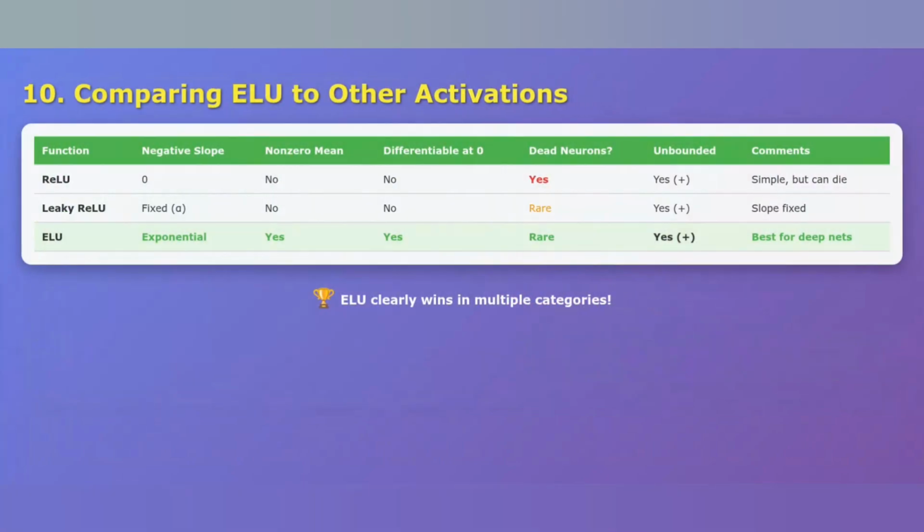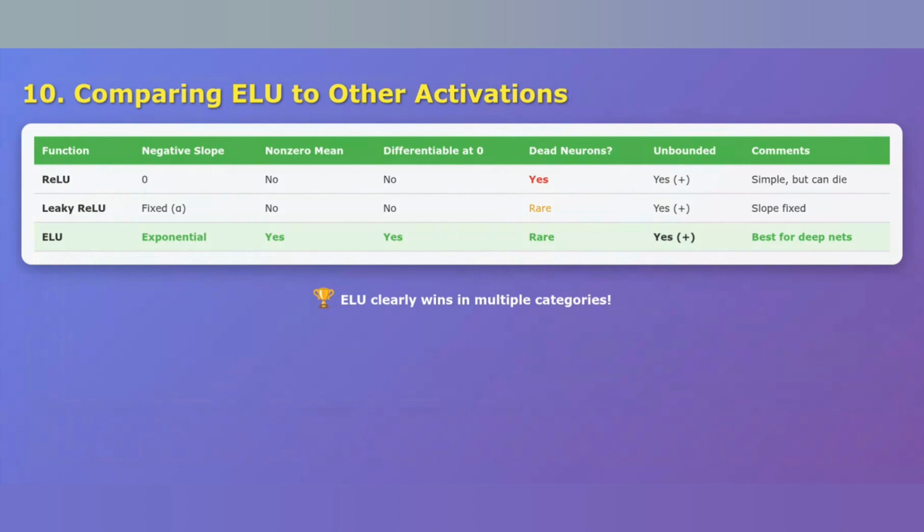Let's put everything in perspective with this comparison table. As you can see, ELU stands out in several key areas. ReLU is simple but can have dying neurons and no zero mean. Leaky ReLU fixes the dying neuron problem but still lacks zero mean and has a fixed slope parameter.